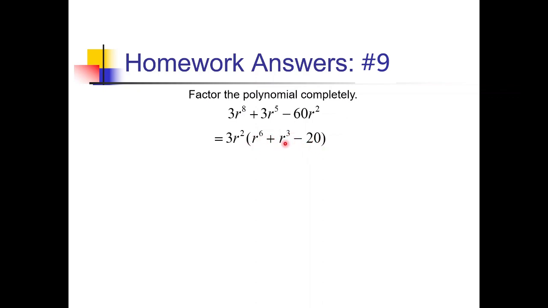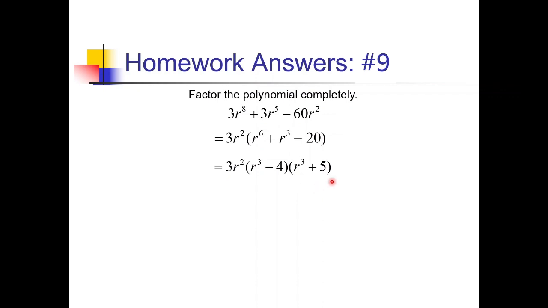So if this were just a regular quadratic, I would be asking what are 2 things that multiply to negative 20 and add up to positive 1. 1 and 20 doesn't work, 2 and 10 doesn't work, 4 and 5 works if we have a positive 5 and negative 4. So I can split this up then into the 3r squared that I took out initially, and then I'm going to have r cubed minus 4, and r cubed plus 5, which will give me the 1r cubed in the middle.